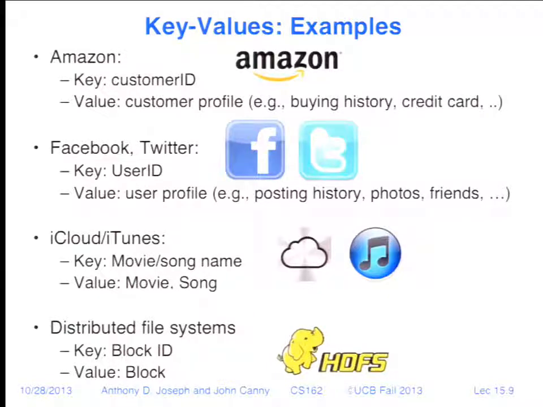And in distributed file systems, key value stores are used in a few different ways. HDFS really has two different levels of key value store, one of which is mapping file names to nodes that host copies of the file, or replicas of the file. And then on each data node, there are in addition mappings from IDs of pieces of the file to specific addresses on the file.